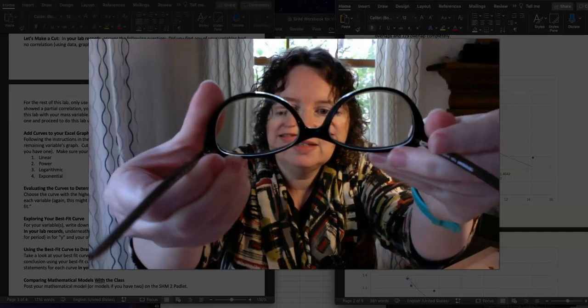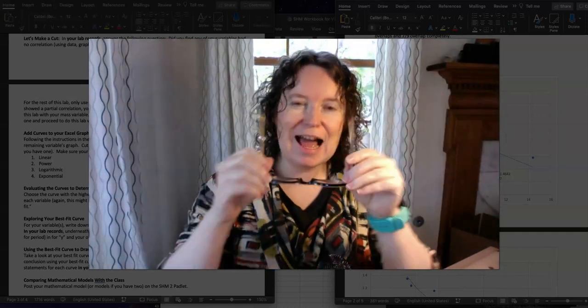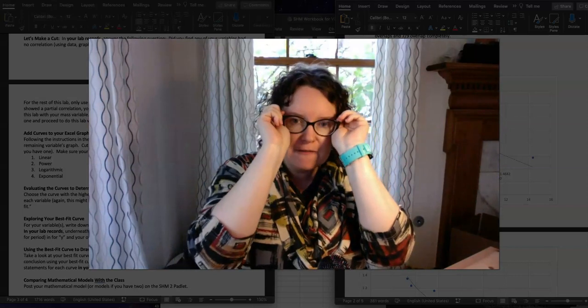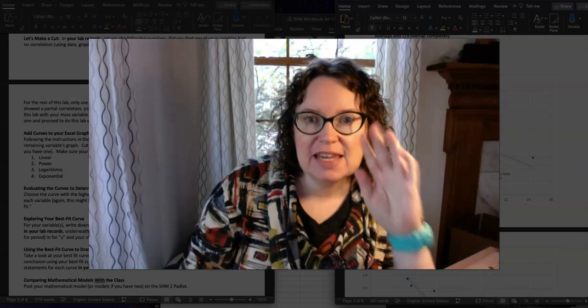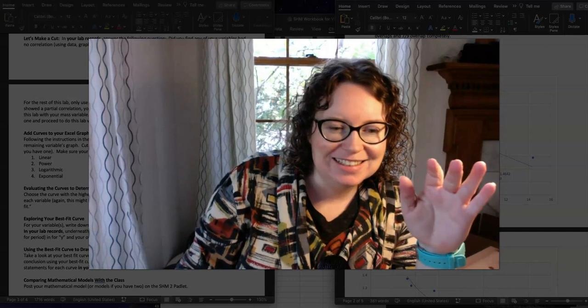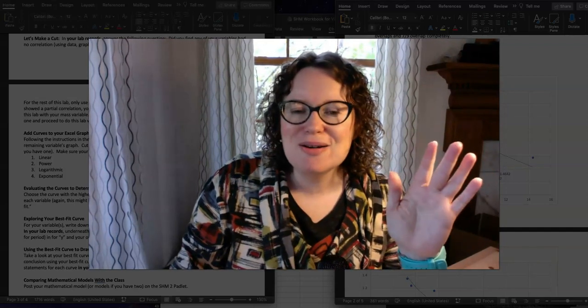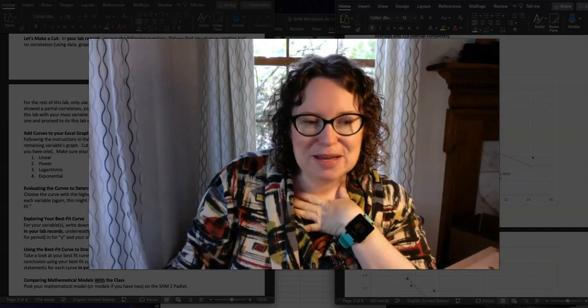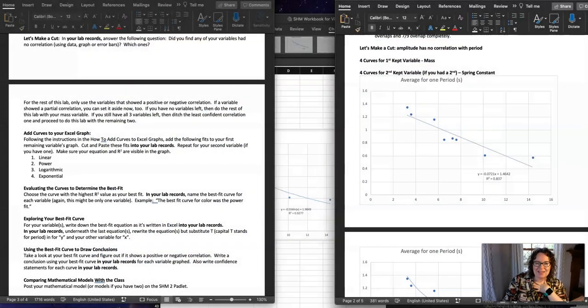Here, look through these. How incredibly fat and thick my glasses are, even with modern technology. So if you could pretty please make things big, that helps me so much. Thanks. Okay, so I made my graphs huge for my blind professor, and here we are.